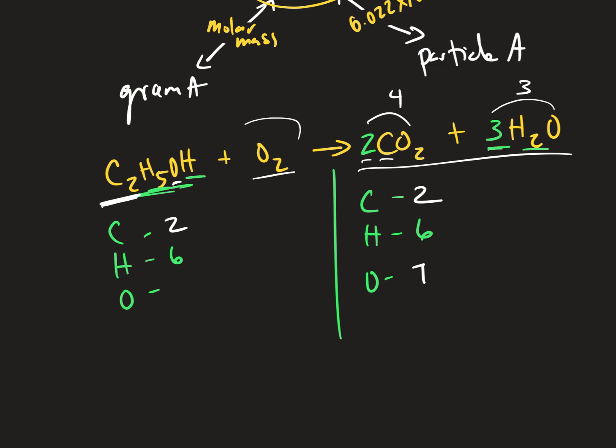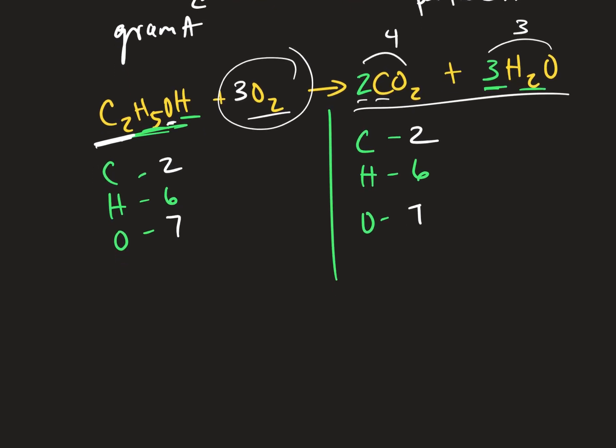So this is always going to be an even number. We should make it what number? Yeah, put a 3 there to make 6, plus the 1, that's a 7. Good? Do we feel pretty confident with balanced equations yet? If we're not, we need to practice some more. Okay?